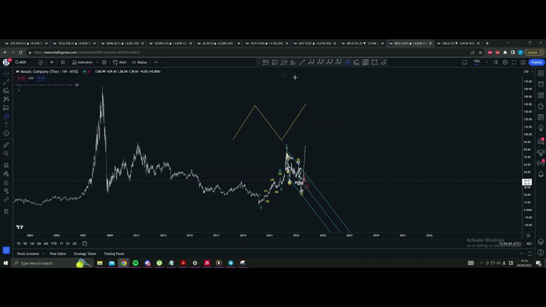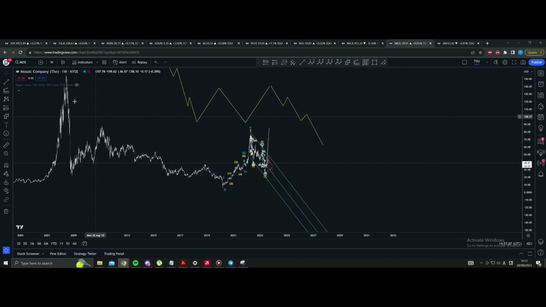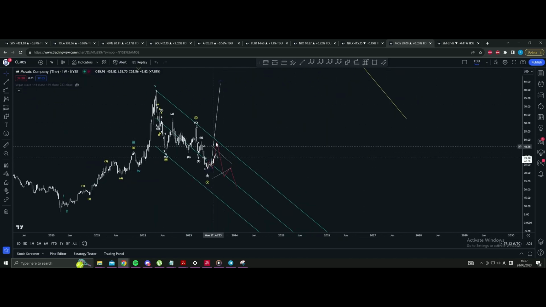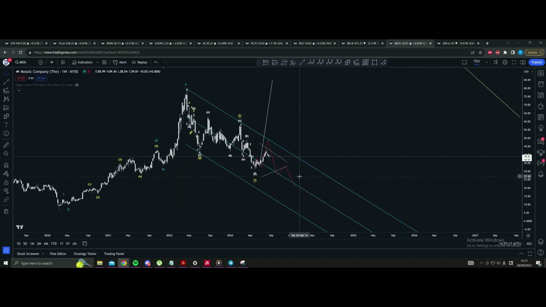So if you had a 5 into flat, well, 5, 3 and 5, which would mean zigzag, which would mean lower lows to come. But for the moment we're corrective, and perhaps we could long with a nice stop loss over there.